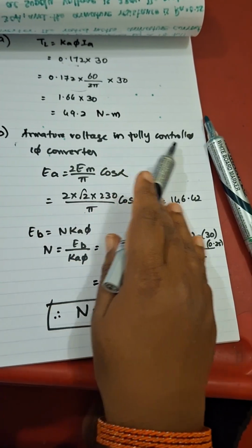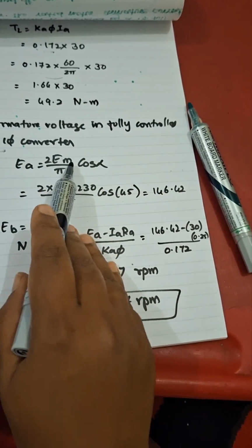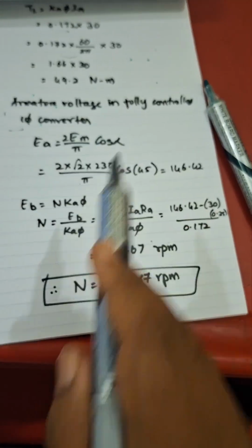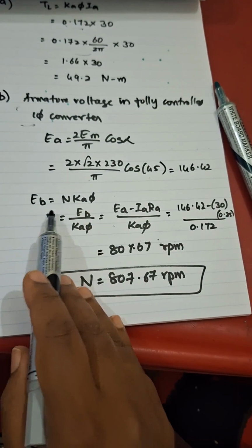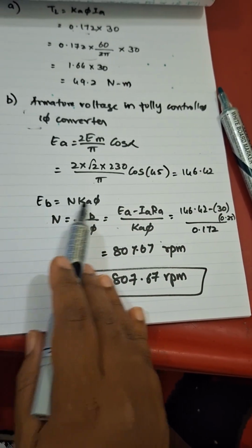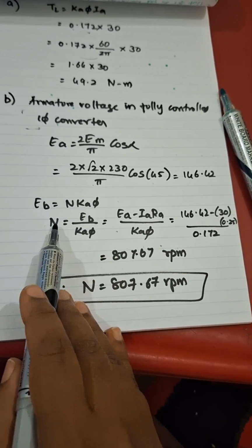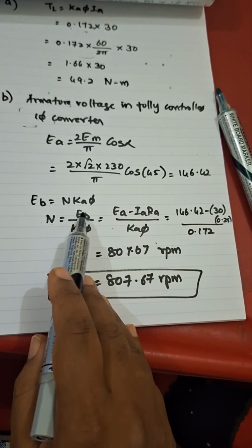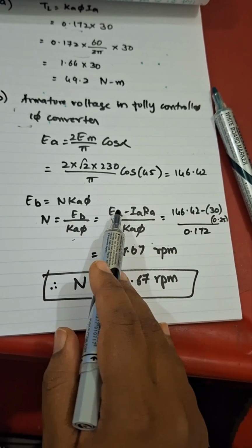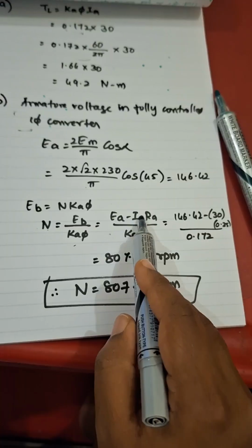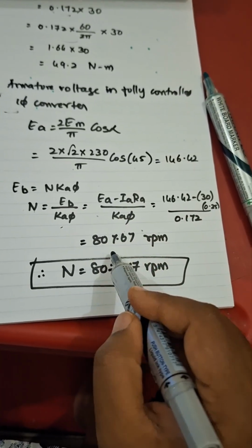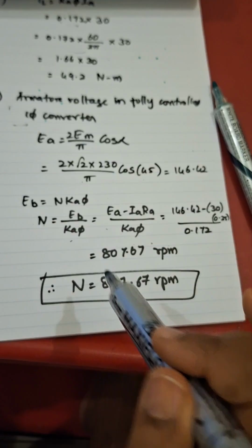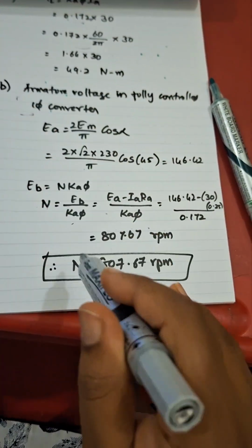Then for the armature voltage in the fully controlled converter, I used this formula to find Ea. Eb is equal to N Kaφ, because our target is to find N. So I can write N as Eb by Kaφ, and Eb can be written as Ea minus Ia Ra. Ea we calculated, Ia is given, Ra is given, Kaφ is given, so it is easy to calculate N. This is how we found our load torque and speed.